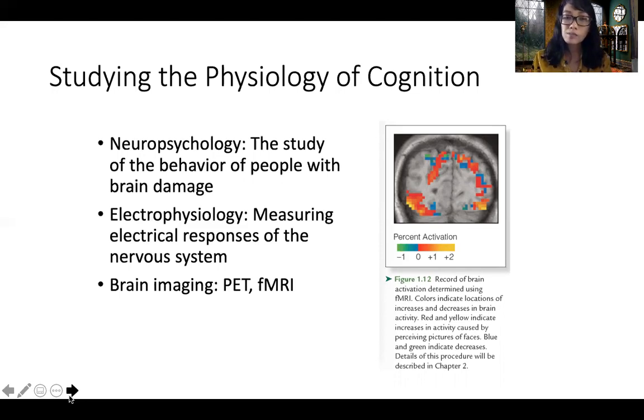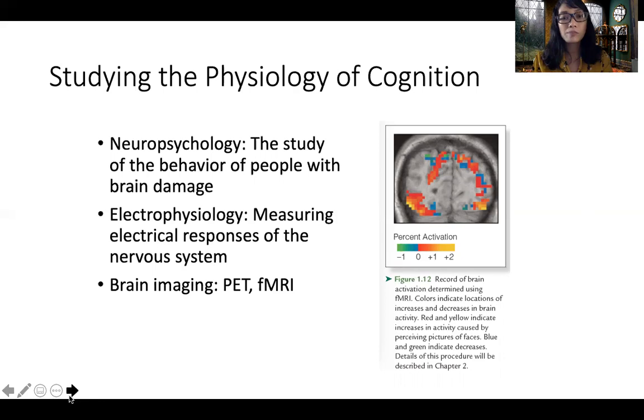It made it possible to listen to the activity of a single neuron in our brain. And most electrophysiology research was done in animals. Both neuropsychology and electrophysiology have provided important insight into the physiological basis of the mind. But perhaps the most significant physiological advance didn't come until a decade after Neisser's book in 1967.